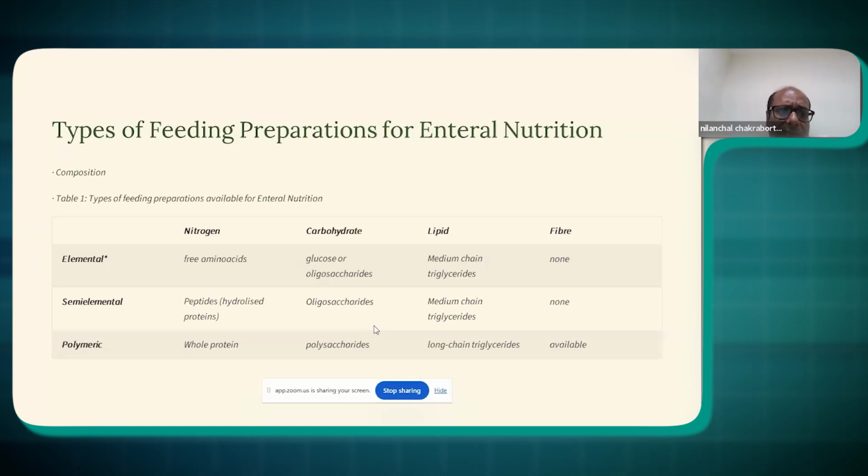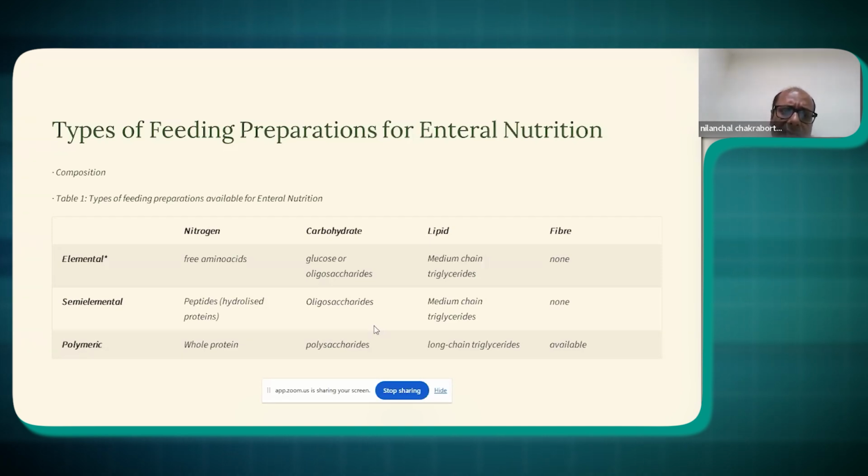What are they? It may be polymeric, which is much more preferred because it contains whole protein, it contains fibers, and it contains some long chain triglycerides. But when the patient cannot tolerate it, we go for semi-elemental diet, which contains peptides and some oligosaccharides.